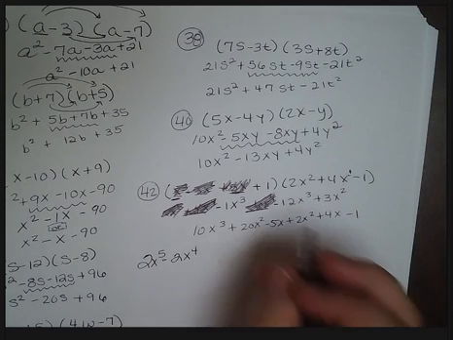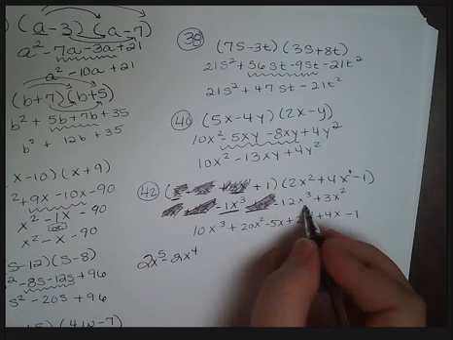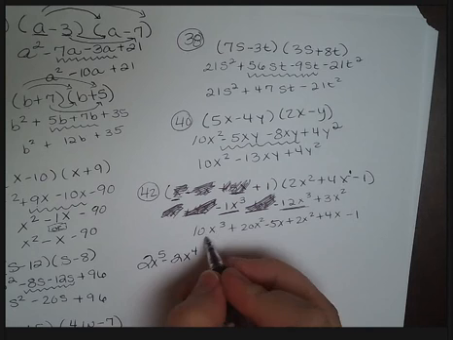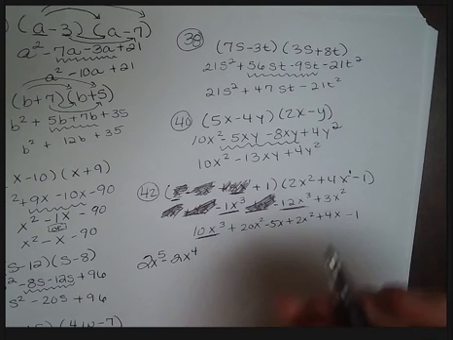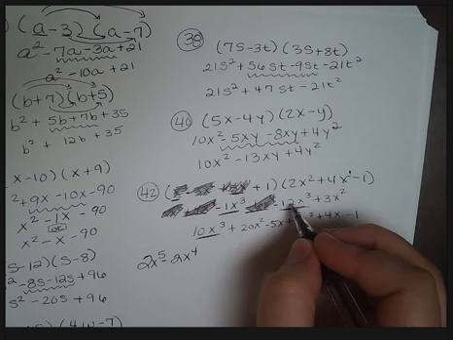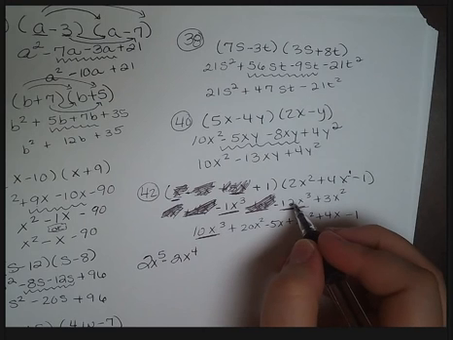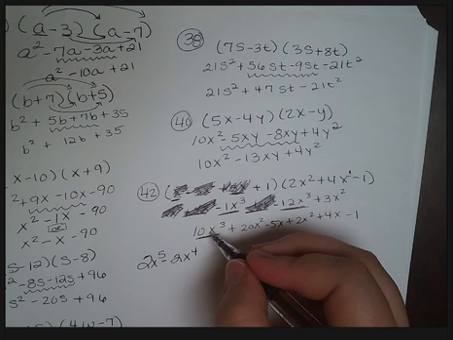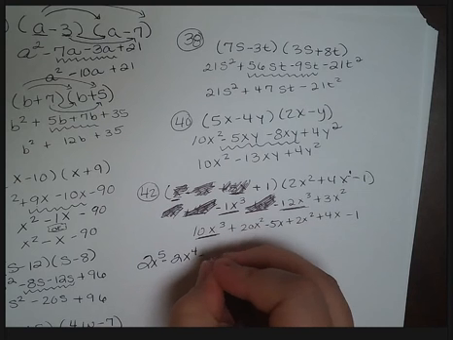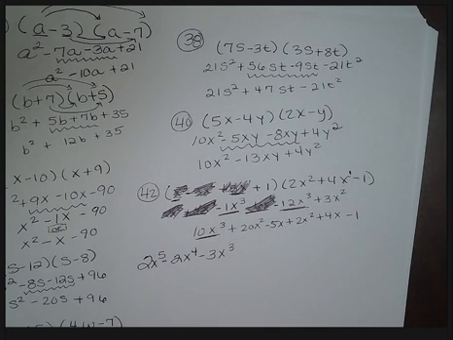Now I've got a negative 1x to the 3, a 12x to the 3, and a 10x to the 3. Negative 1 minus 12 is negative 13. Negative 13 plus 10 is negative 3. And don't forget your x to the third.